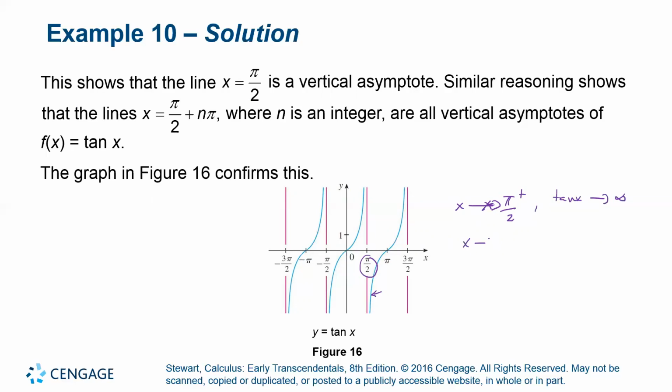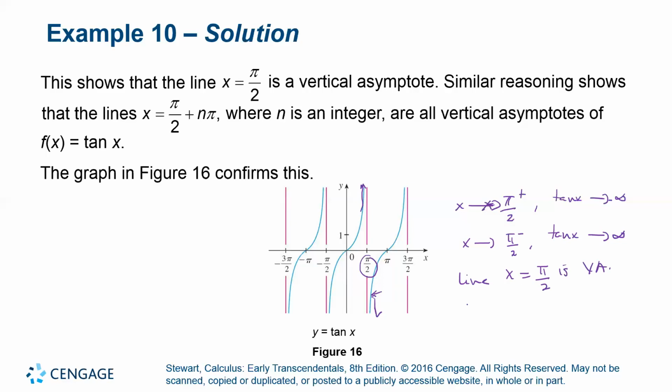And then as x approaches pi by 2 from the left, the tangent of x approaches negative infinity. So it goes up and it goes down like that. Each of these tells me that the line x is equal to pi by 2 is a vertical asymptote in the graph.